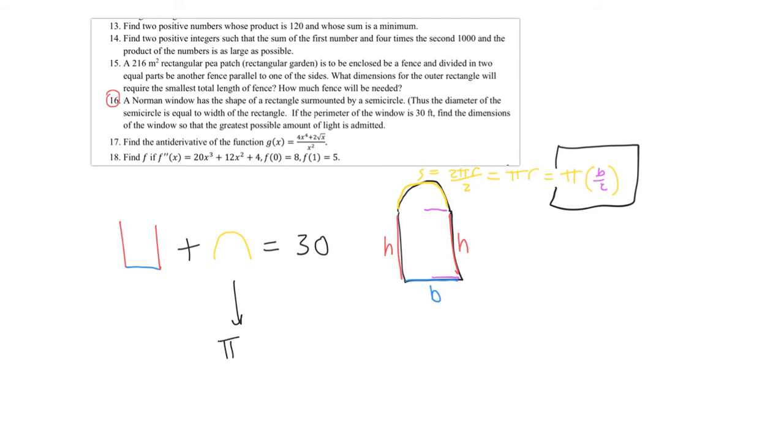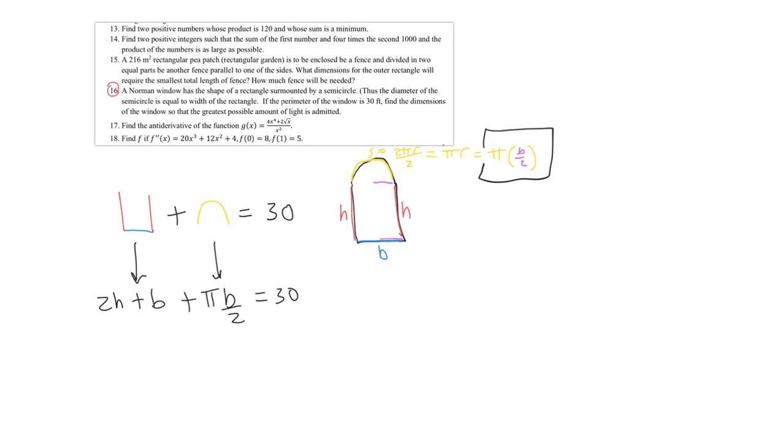It's pi times b over 2. Now the question is, what is the length of the rectangular part? Well, it's 2h plus b. And then we're adding that to pi times b over 2, and that would give us 30. So we've created an equation that represents the perimeter of the entire window. Hopefully that makes sense.